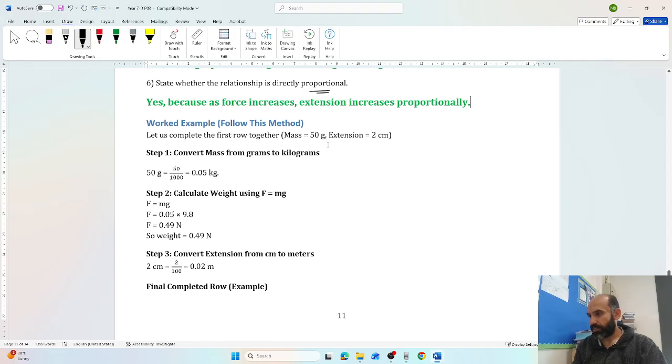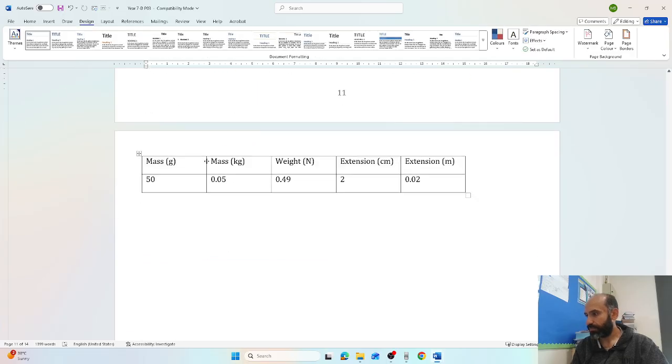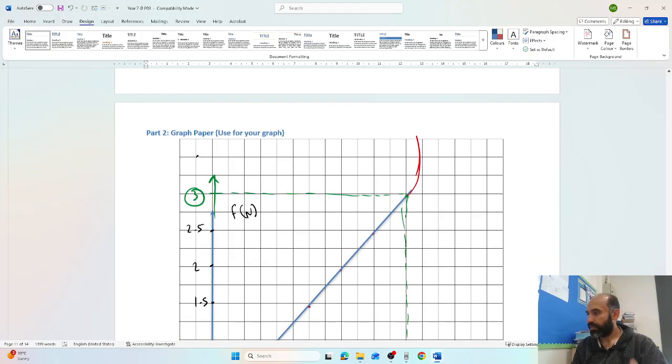And these are the steps. Can you see? We have this example just to help you. We divided the mass by 1000 to convert it from gram into kilogram. Then we multiplied it by the acceleration due to gravity, which is 9.8, just to find the weight. Then we took the extension and divided by 100 to convert it from centimeter into meter. Then we drew the relation between force and extension, right? This is the example, and this is the graph.